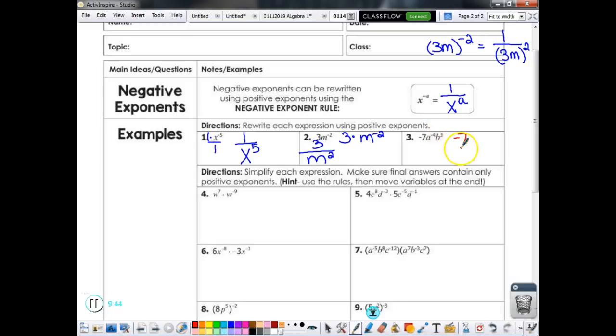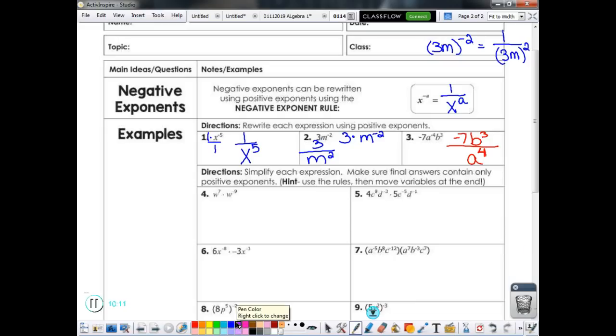The b is still positive, right? Since the b is still positive, that also stays on top. Okay? And the negative 4, to turn it positive, you put it in the denominator. If they were both negative, then they would both go on the bottom. That makes sense? Okay.